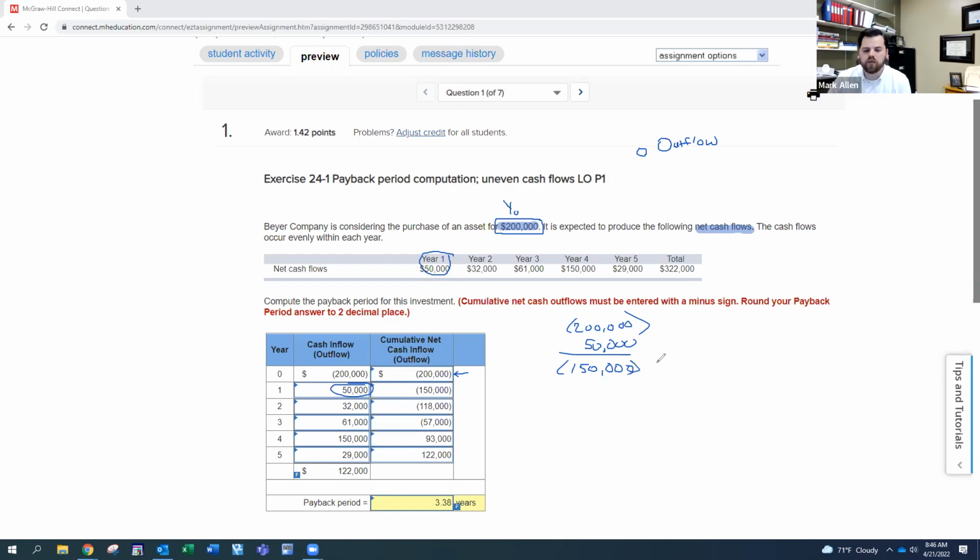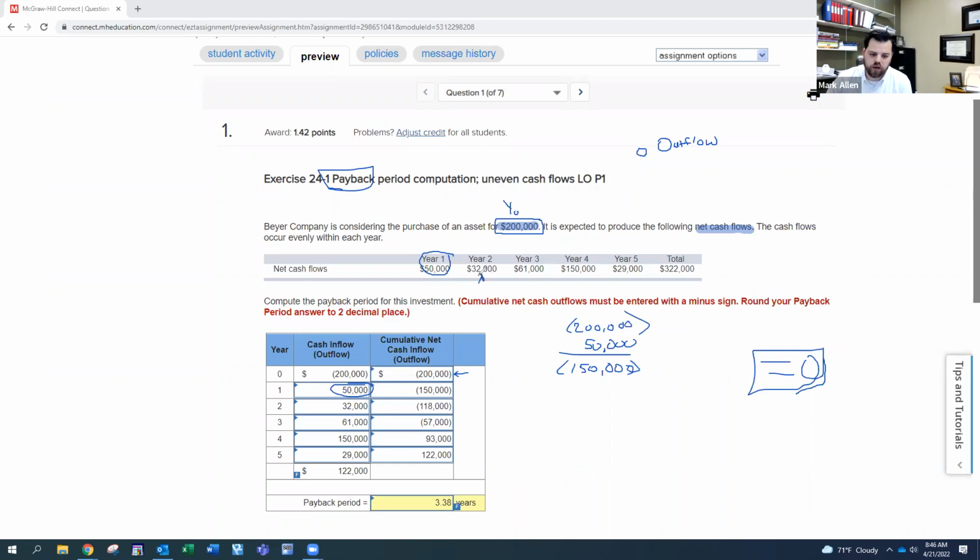So we're moving in the right direction, because what we want when we're looking at payback is to find the point where this cumulative net cash inflow or outflow equals 0. That's what we're after, is finding where that goes to 0, because at that point we will have gotten our cash back.